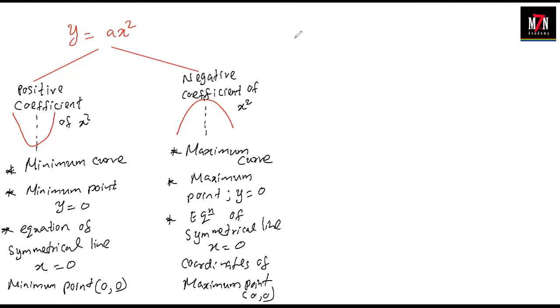So let's have some examples. First one, y equals 2x squared. You can write here that this is a minimum curve.